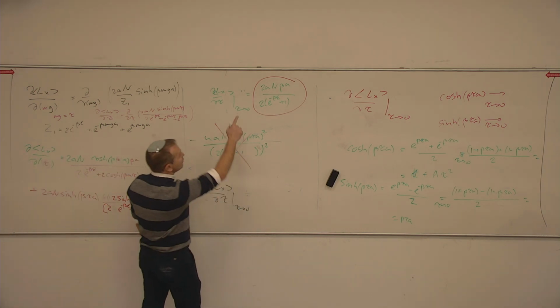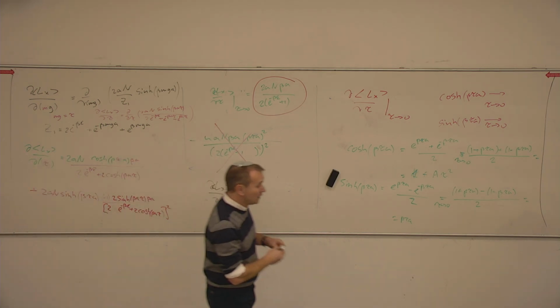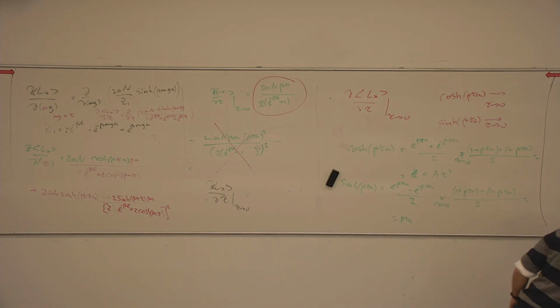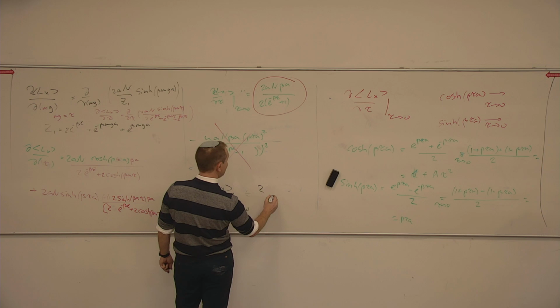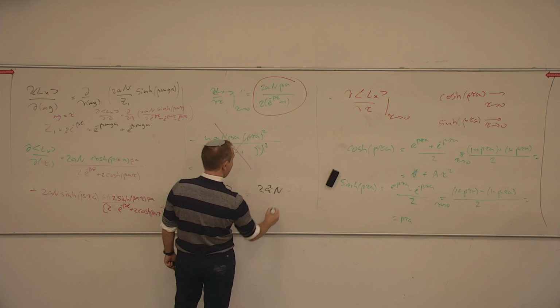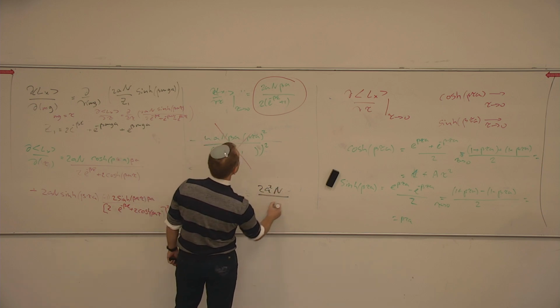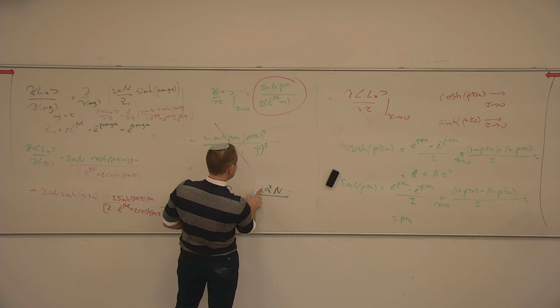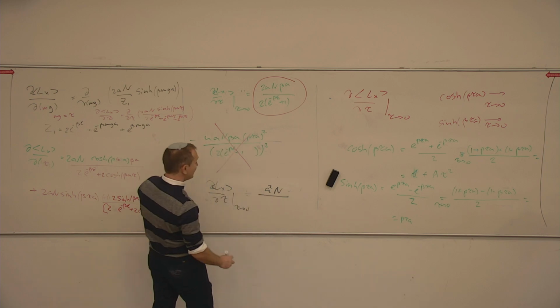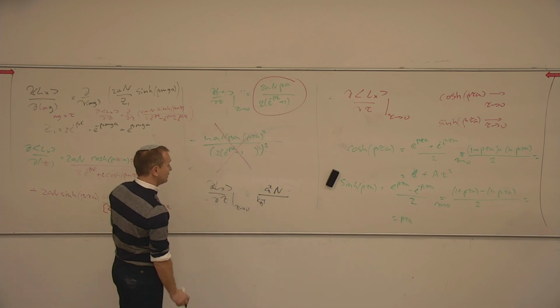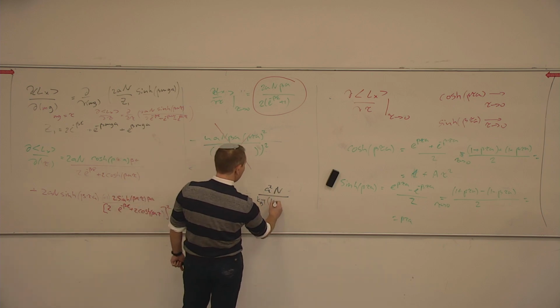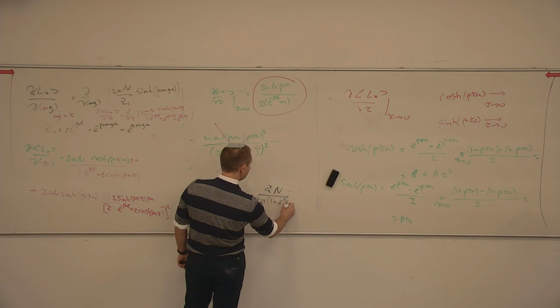Let's write down all of this without the beta, but using the temperature. So we have 2a squared n divided, so 2 cancels out, so a squared n divided by k Boltzmann T, and here we have 1 plus e to the power minus epsilon divided by k Boltzmann T.